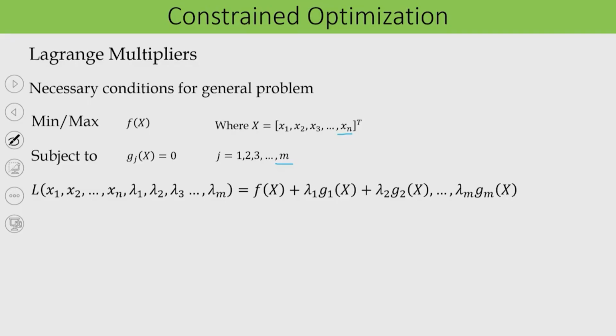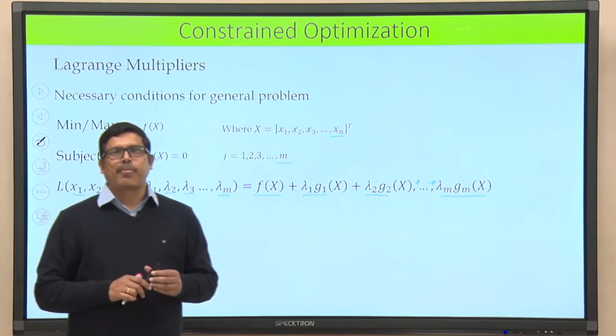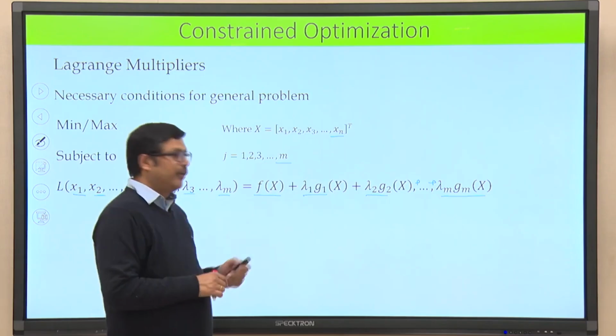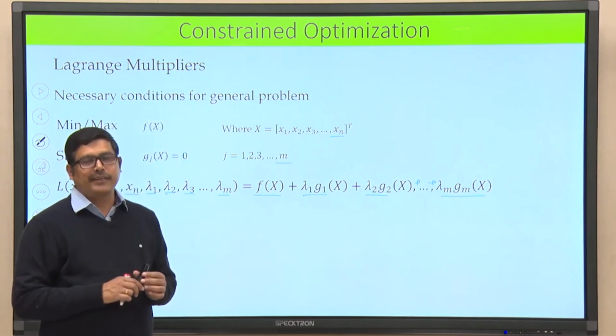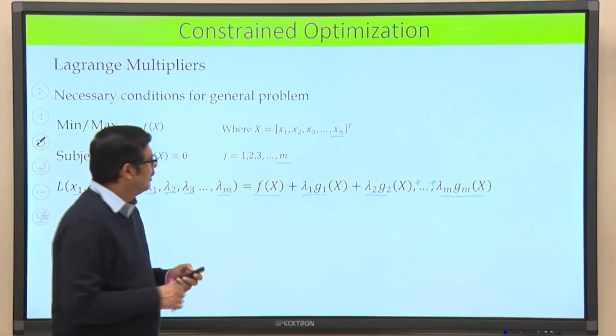The Lagrange function L of x1, x2 up to xn and lambda 1, lambda 2, lambda 3 up to lambda m is equal to f of x plus lambda 1 g1 plus lambda 2 g2, and so on, plus lambda m gm. Now, you apply the necessary and sufficient conditions on this Lagrange function, and you can find the values of x1, x2 up to xn, and also lambda 1, lambda 2 up to lambda m.